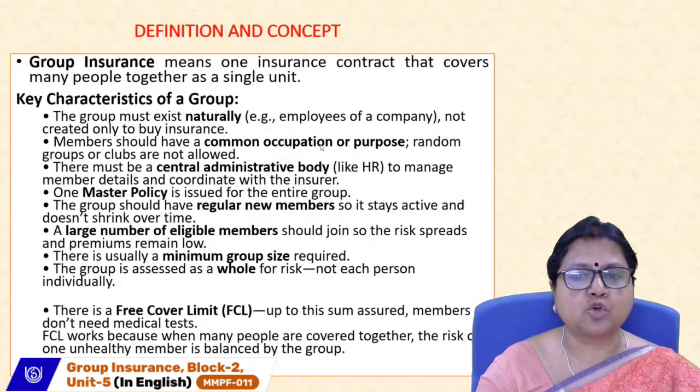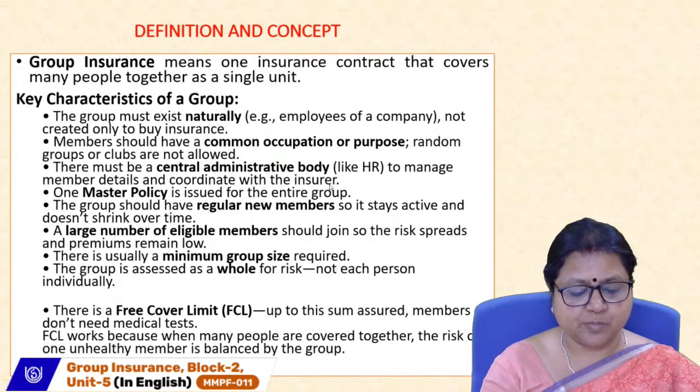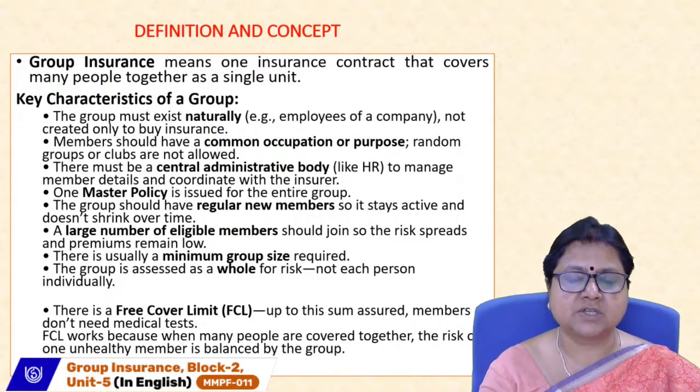Members should have a common occupation or purpose. That is what we have discussed now. There must be a central administrative body like HR to manage member details and coordinate with the insurer. So when the organization is dealing with the insurance company, suppose the organization has 50 employees.